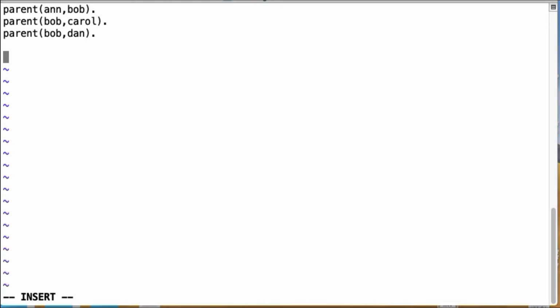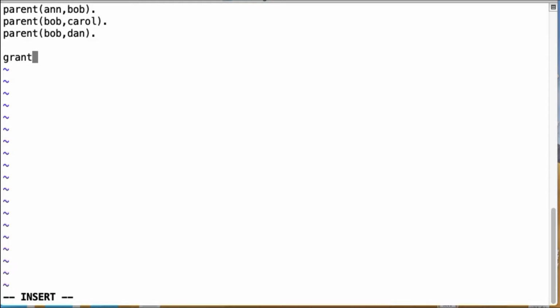Anne is a parent of Bob, Bob is a parent of Carol, and Bob is a parent of Dan. So what grandparent relationship do we have? Anne would be the grandmother of Carol and Dan. Okay, good. So how do we express these things? How do we write a rule that defines grandparent in terms of parent?